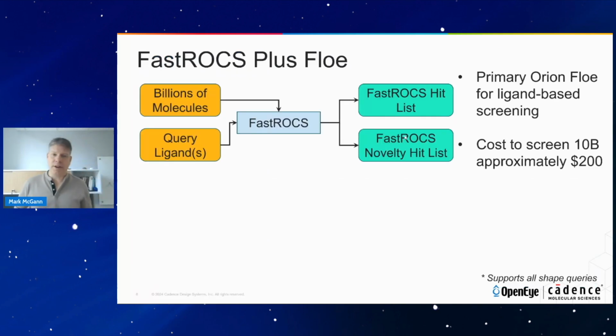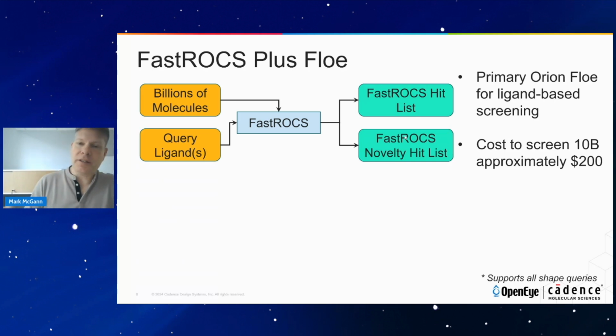What FastROCS does in Orion is you can give it billions of molecules, either these pre-prepared vendor databases that I talked about before, or your own database of molecules that you have prepared within Orion. And you give it 1 or more query ligands for your target. And this FastROCS is then run on a GPU. FastROCS is the GPU version of ROCS on the Amazon Web Services.